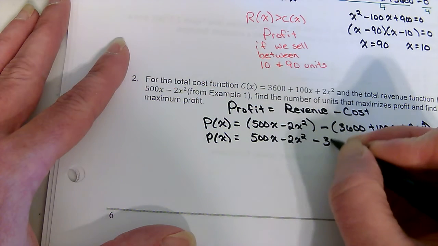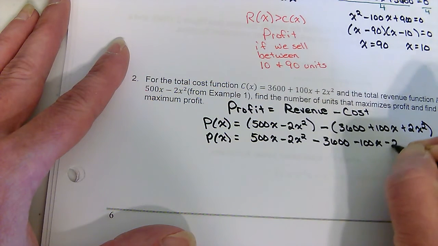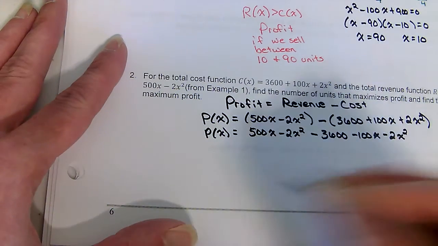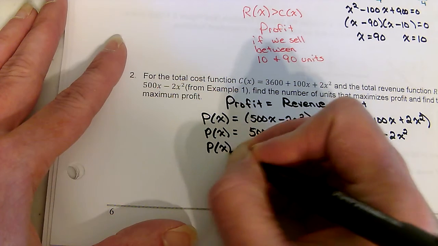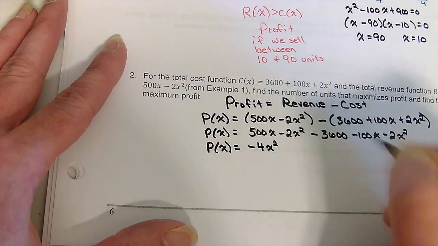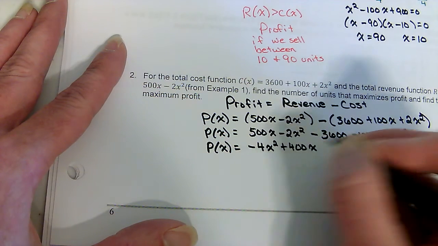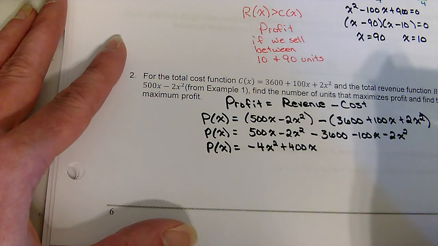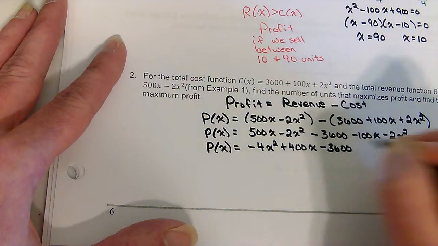And that's going to give me negative 3600 minus 100x minus 2x squared. And let's combine like terms and clean this up to make it prettier. That would be negative 4x squared plus 400x, and then minus 3600.